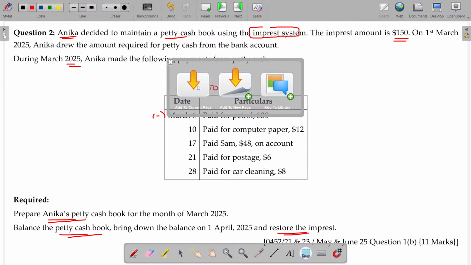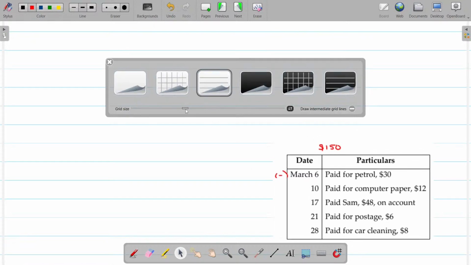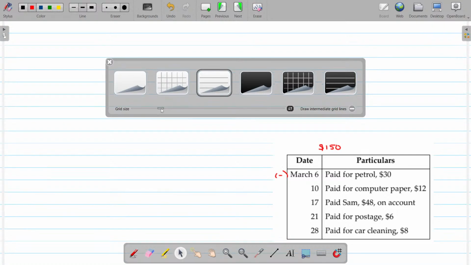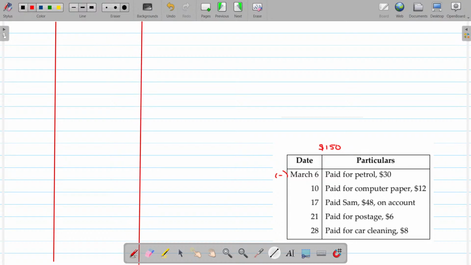Let's see. I'll just prepare here. Now, for the received column, received will be on the left hand side and date and details will be in the middle. Payment should be on the right hand side. First you finish up this one. Right.